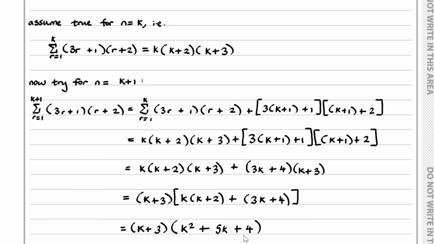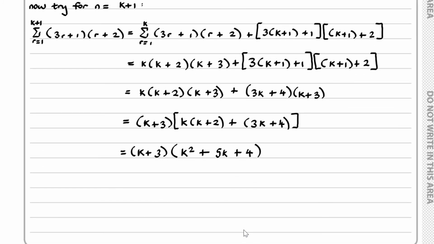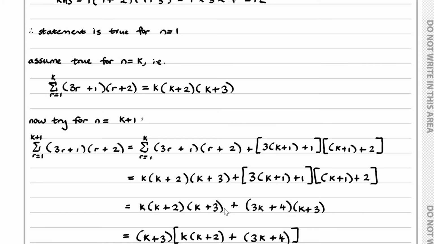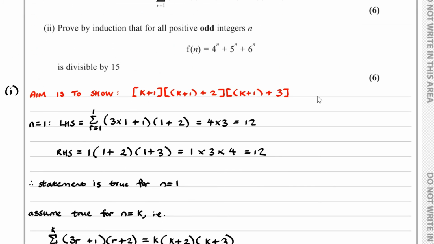And k squared plus 5k plus 4 we can factorise, and if we factorise it we end up with (k plus 1) lots of (k plus 4). So we have over here (k plus 3) lots of (k plus 1) lots of (k plus 4). And if we pay attention to what we want to show, indeed that's the same as this result over here.